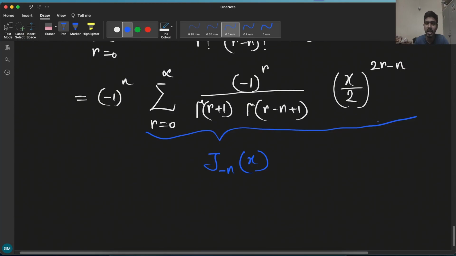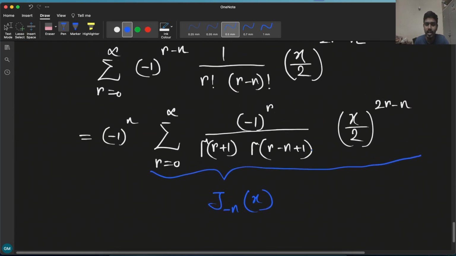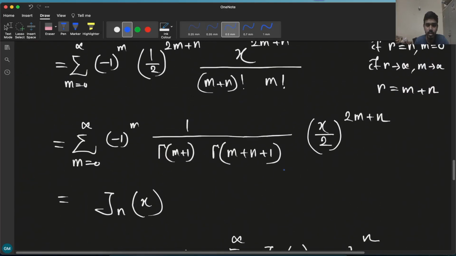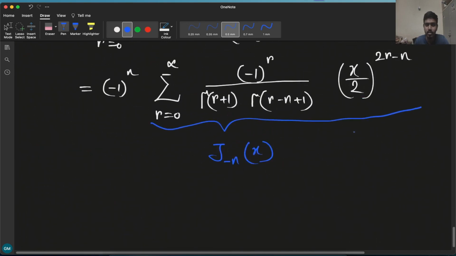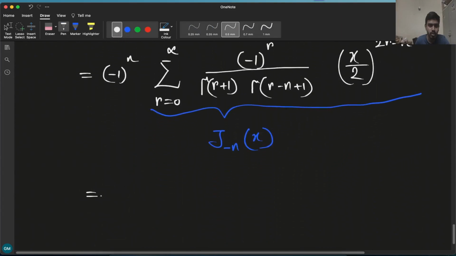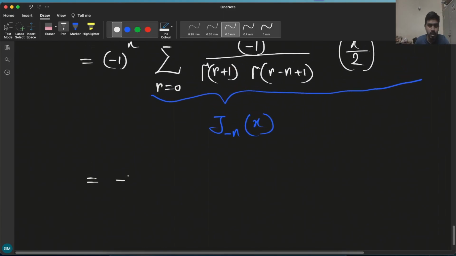So if I put minus n instead of n, then I will get this function. So what we got is that the coefficient of t to the power n is nothing but minus 1 whole to the power n J of minus n x.